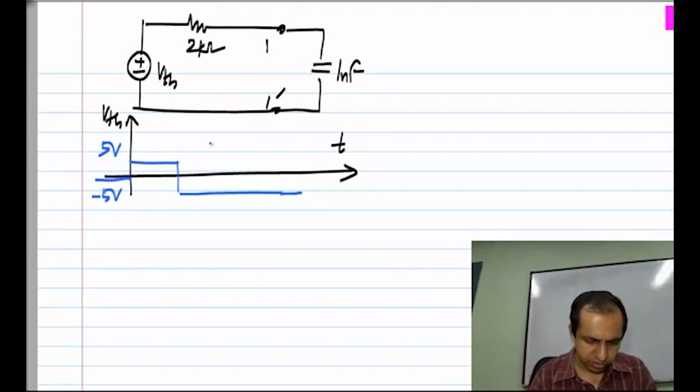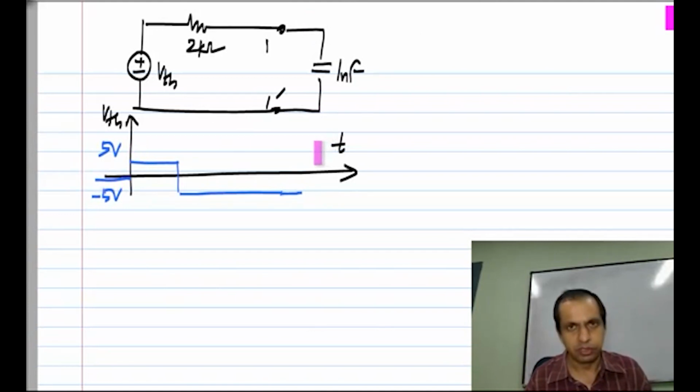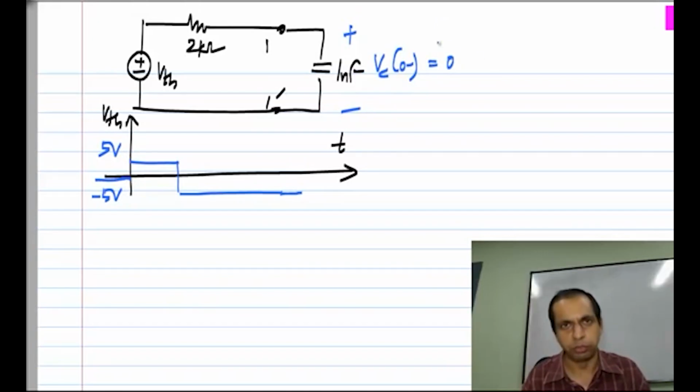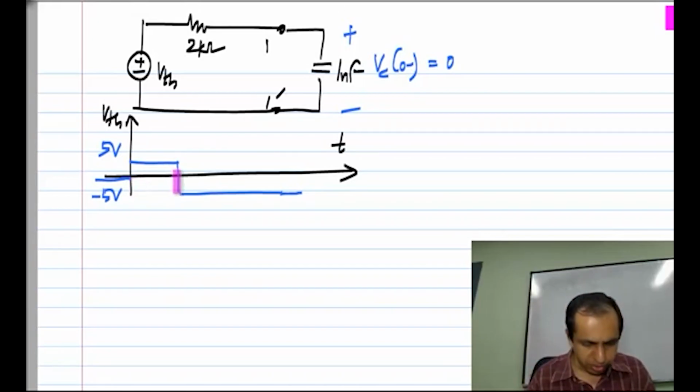So first we have this step, the input steps from 0 to 5 volts. Let me say that the initial condition just before the first step is applied at 0 minus is 0. It can be anything, but let me assume that it is 0. So then for this part of the curve from t equals 0 to t equals 2 microsecond, essentially I have only a single step input which goes from 0 to 5 volts.